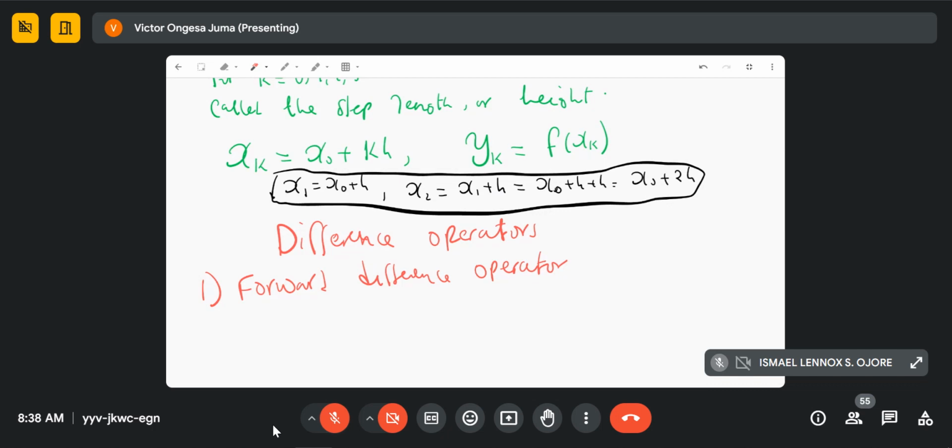So what's a forward difference operator? Have you ever seen something called the forward difference operator?